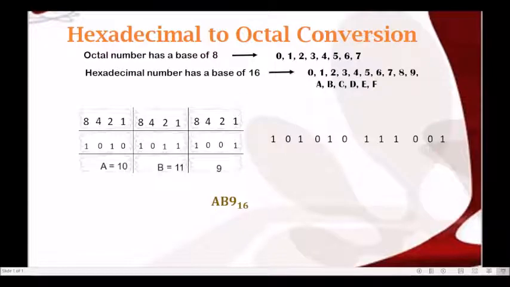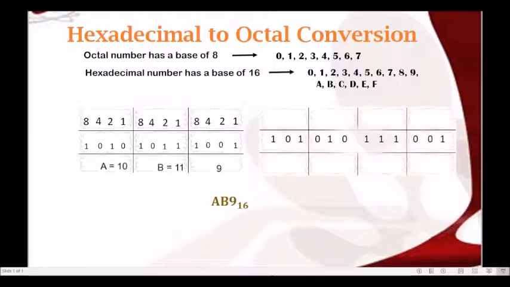After this, we are going to form groups of 3 binary digits since we are now getting the octal form of this binary number. So this is our first group, the second group, the third group, and the fourth group.